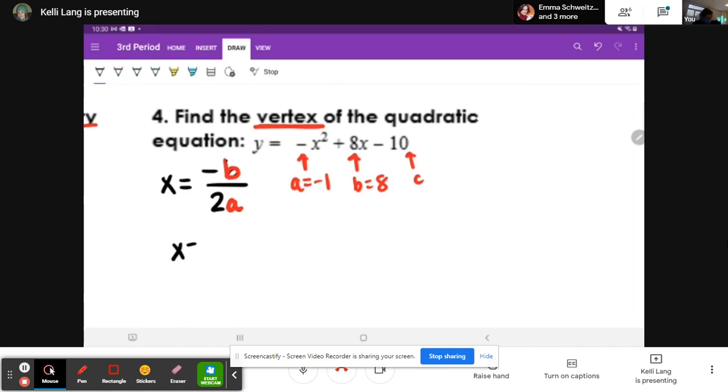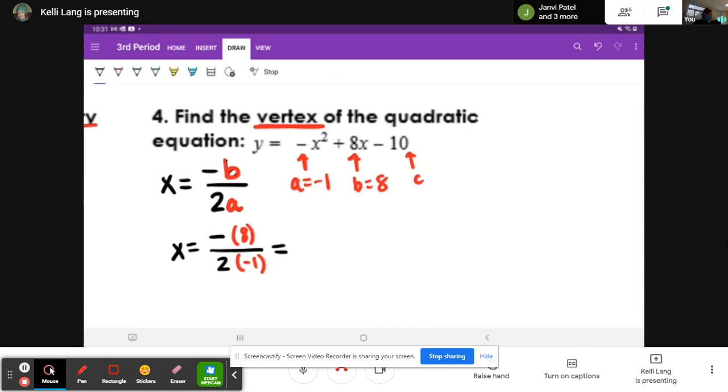So we get x equals negative 8 over 2 times negative 1. Fractions like this are pretty complex and they're difficult to type into the calculator properly. So I would recommend simplifying this a little bit before we try to type it in.